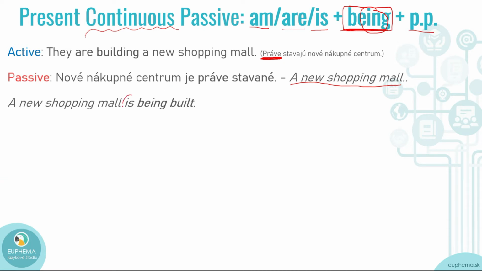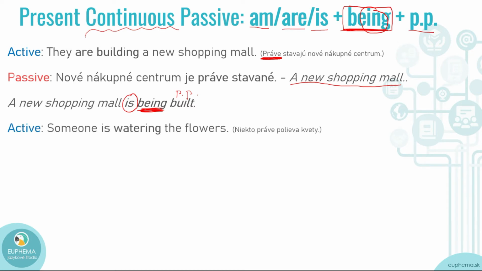So is, because it's the third person, plus being, right? Because it's right now, these days, or weeks and months, we could say. It's not a short-term activity. And built as the past participle of the verb build. So a new shopping mall is being built.